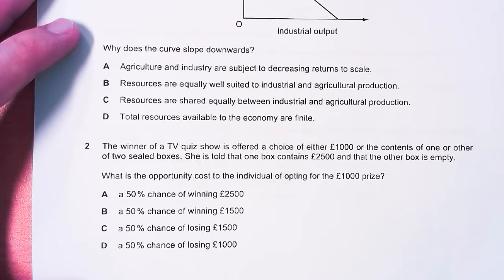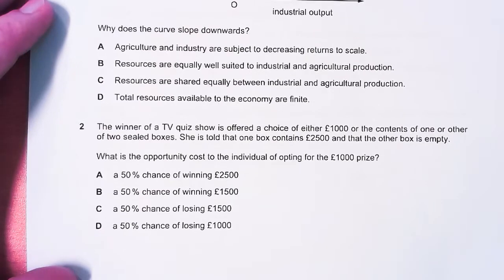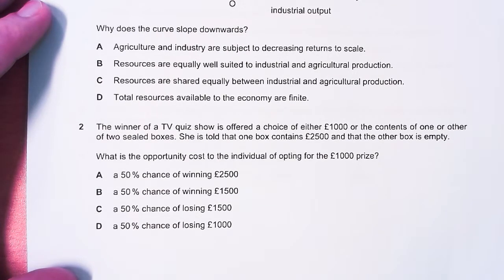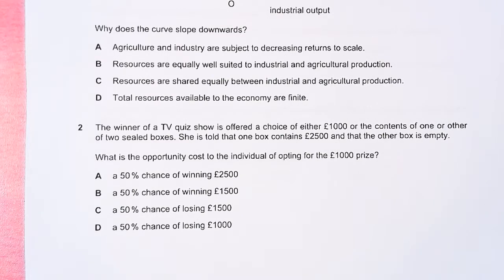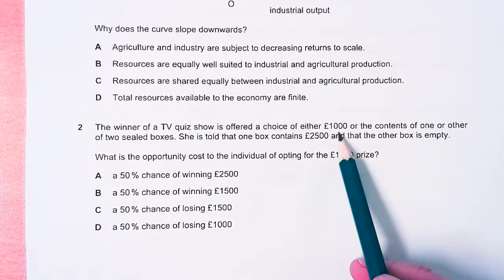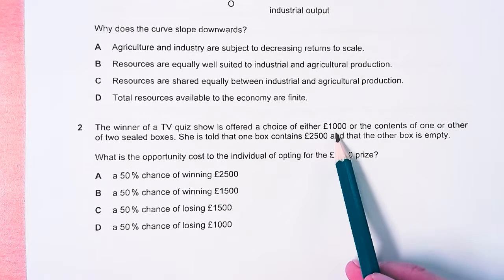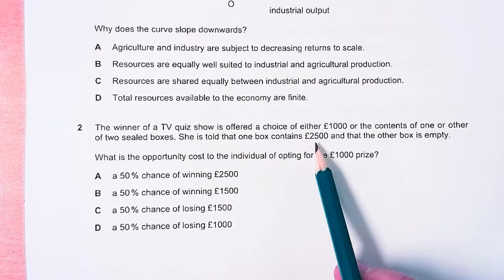Number 2, the winner of a TV quiz show is offered a choice of either £1,000 or the contents of one or other of 2 sealed boxes. She is told that one box contains £2,500 and the other box is empty. What is the opportunity cost to the individual of opting for the £1,000 prize? So they go for the £1,000 prize rather than the 50% chance of getting this, or the 50% chance of getting this.